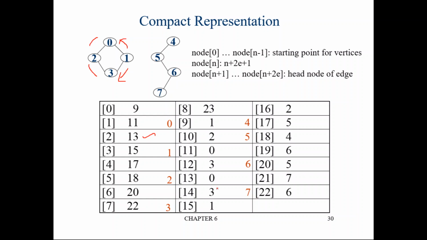Its edge detail is available from the 13th location and it occupies two locations. So 13 plus 2 is 15. So the details of vertex 3 will be available from 15. Now you go to vertex 3. It contains how many edges?